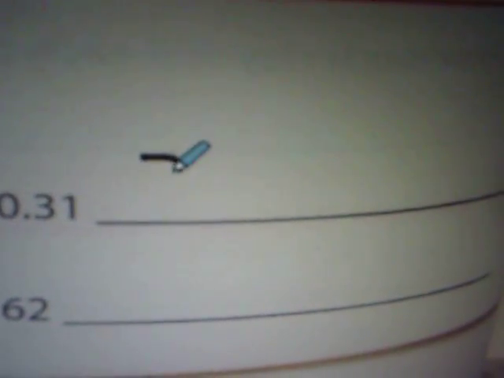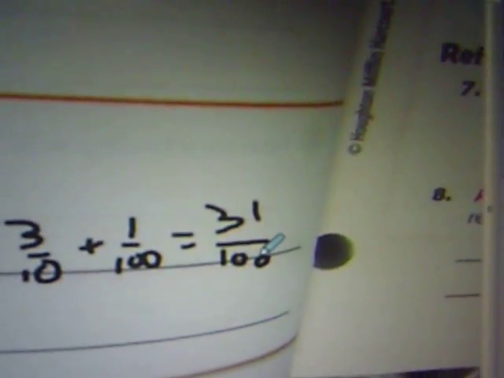Number 4, 0.31. 0 and 3/10 plus 1/100th, add them together, and you get 31 hundredths. 31 over 100. There it is. It's as a fraction. Any fraction, you can think about possibly simplifying it, but that's another lesson.